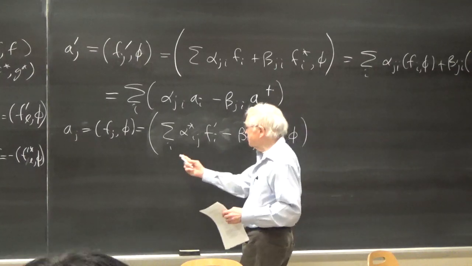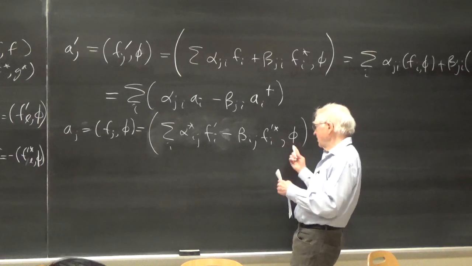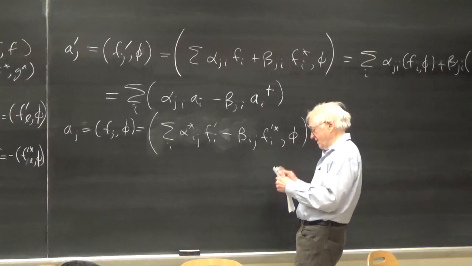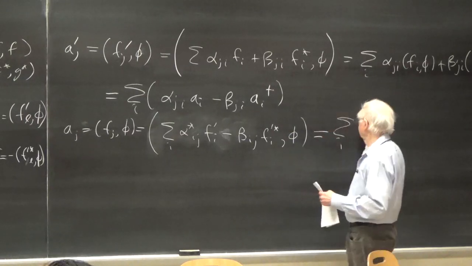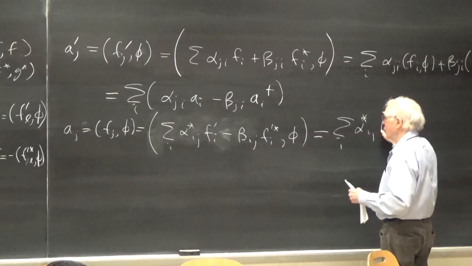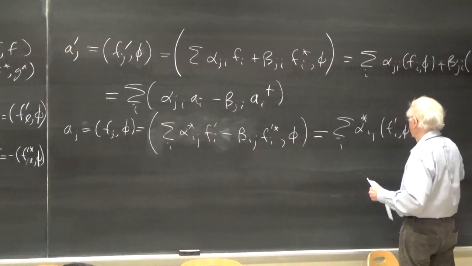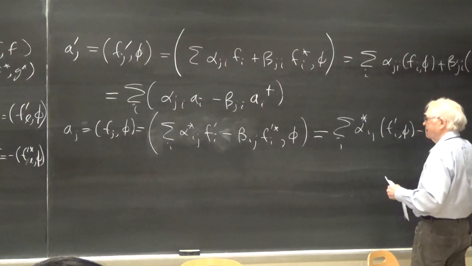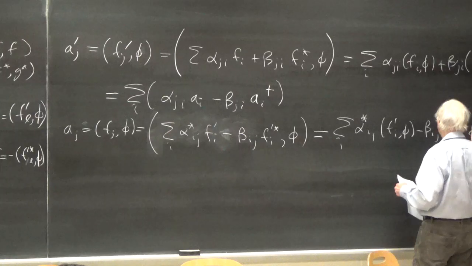So that's f_j expressed in terms of the prime solutions in a product with phi. And so this is the sum on i, alpha star ij f prime i with phi minus beta ij f prime star i with phi.